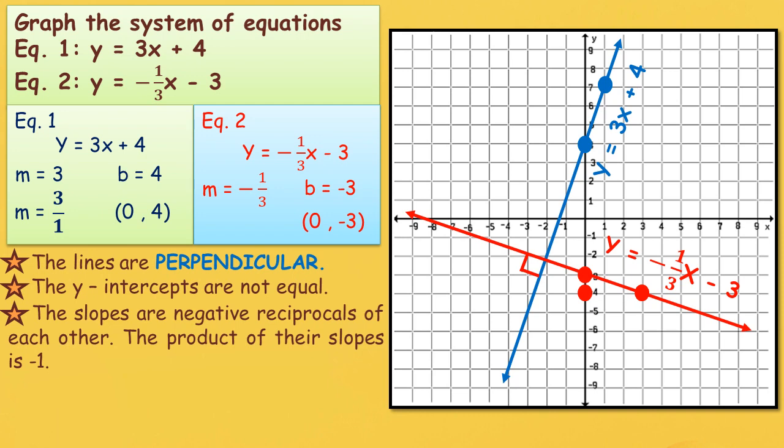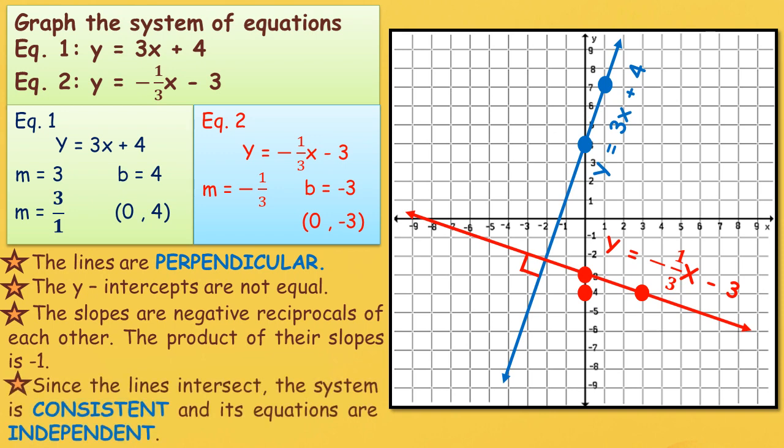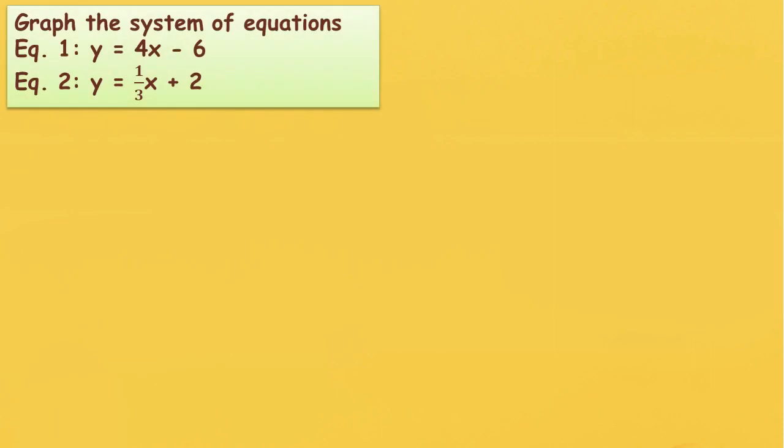So, yun ang palatandaan natin kapag ang ating graph ay perpendicular. Since the lines intersect, the system is consistent and its equations are independent. So this is the second possibility. Yung nauna kanina, parallel lines, ngayon naman, perpendicular lines. Ano kaya ang pangatlo? Let us find out.